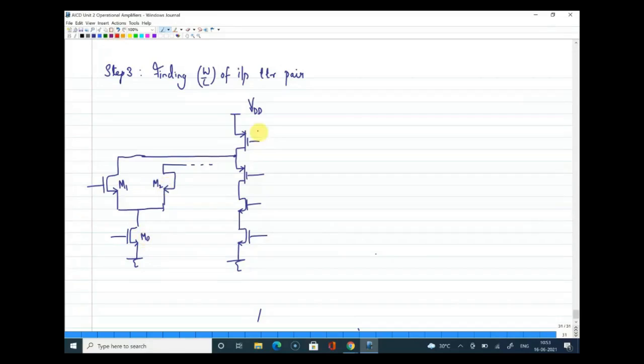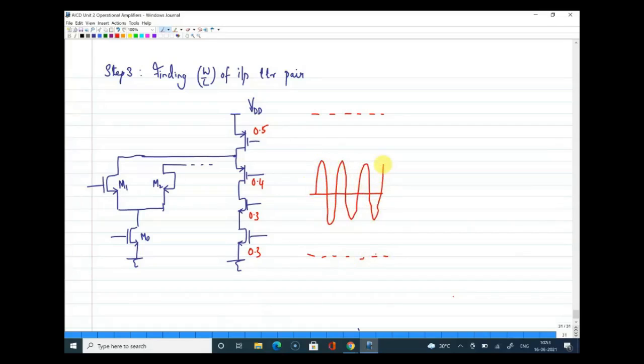Now I have assigned overdrive of 0.5 here, 0.4 here, 0.3 and 0.3. Altogether we have 1.5, and the rest 1.5 is for the output voltage swing. Right, this is the output swing. What I'm trying to find is the optimum common mode level, or the DC level of the output.